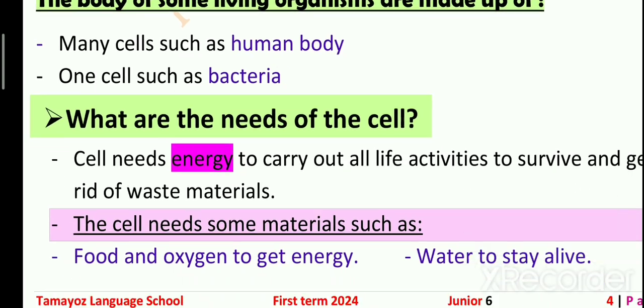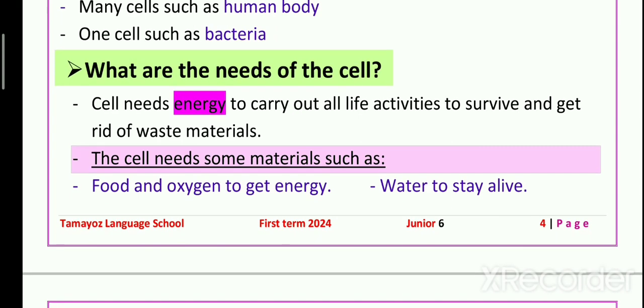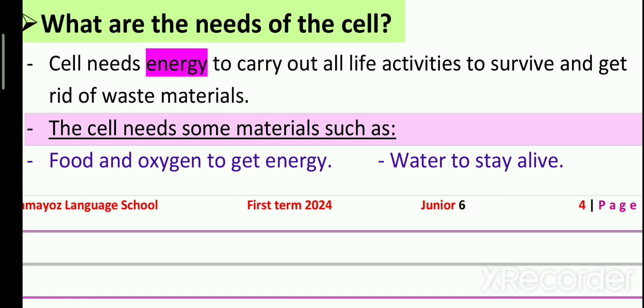Now we want to know what are the needs of the cell. We say that the cell is responsible for all vital activities, or carries out all vital activities. To carry out all vital activities and to survive, the cell needs energy.